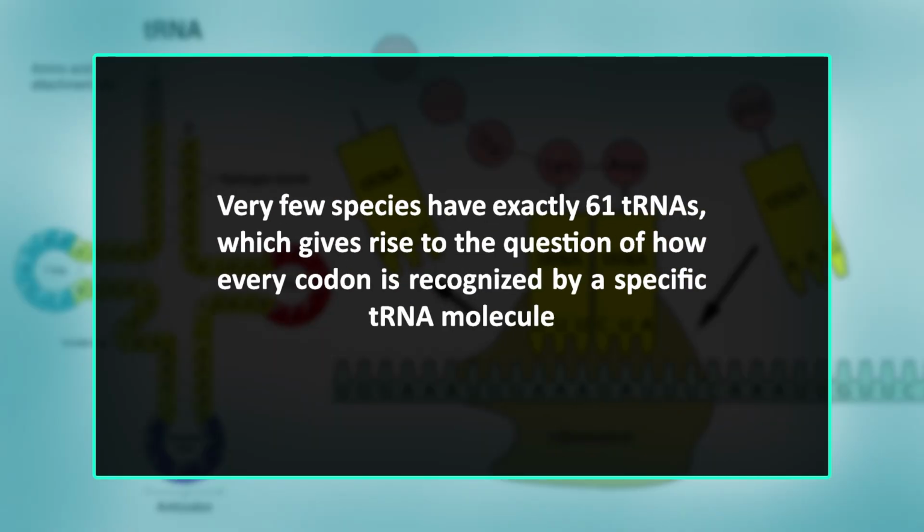However, very few species have exactly 61 tRNAs, which gives rise to the question of how every codon is recognized by a specific tRNA molecule.